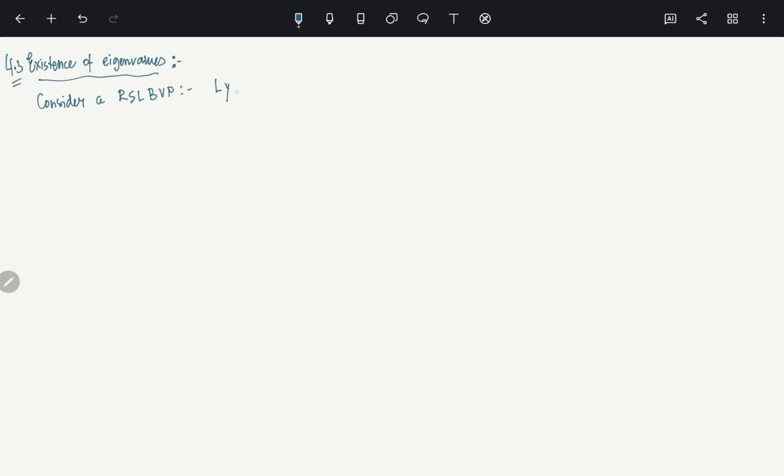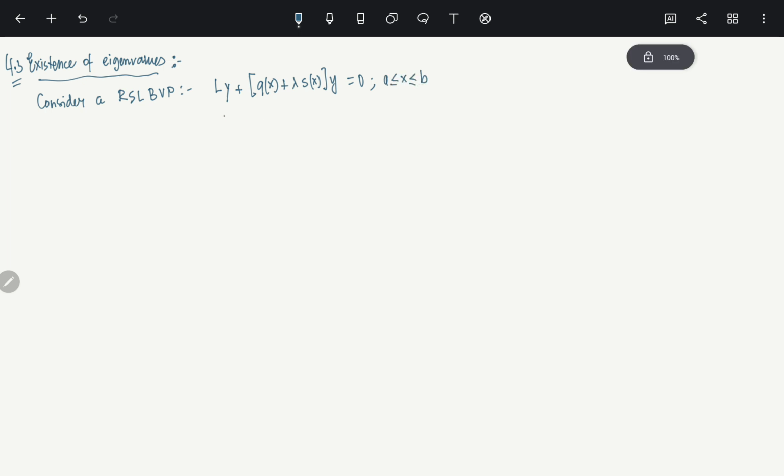You already know this. So essentially we can write it as L of y plus q(x) plus lambda s(x) times y equals 0, for x in (a, b).